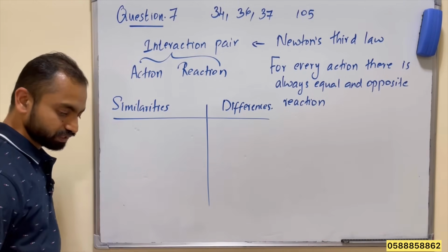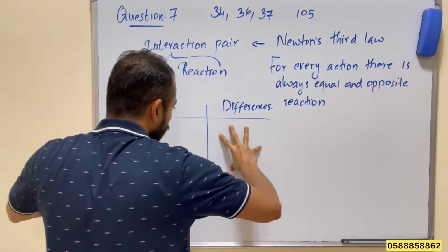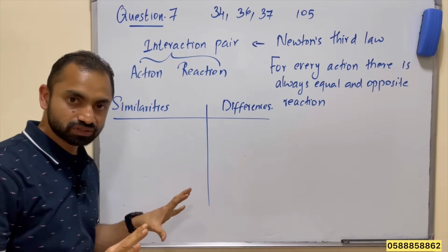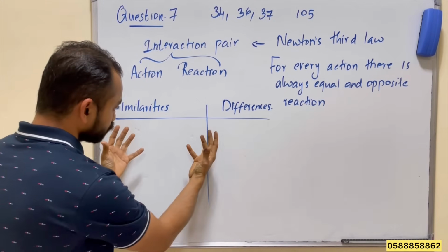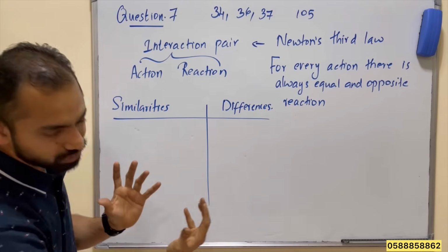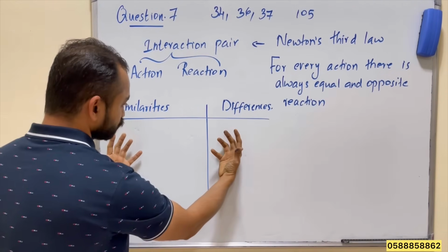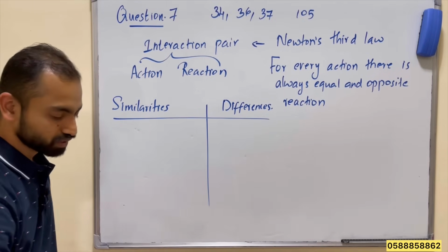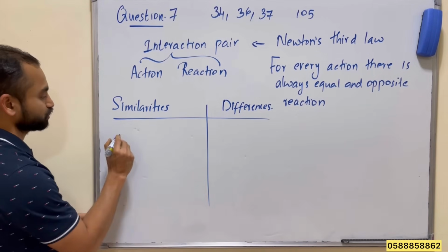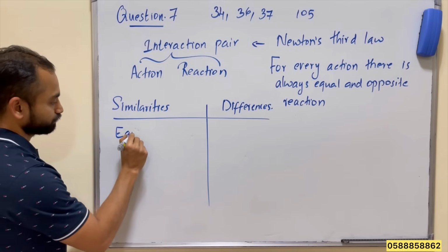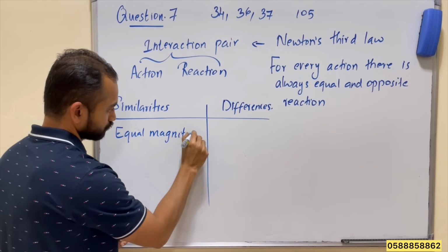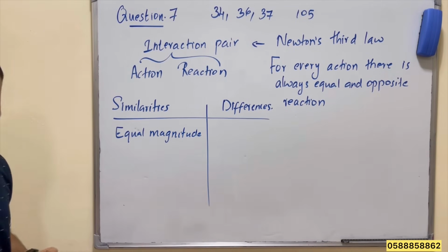For example, if I push this whiteboard with a force of 10 Newton, the board will push me with equal force in the opposite direction, with a 10 Newton force. So action and reaction will be of equal magnitude.